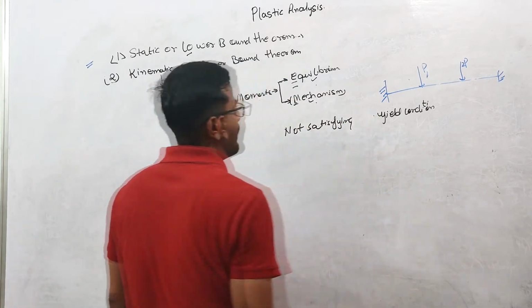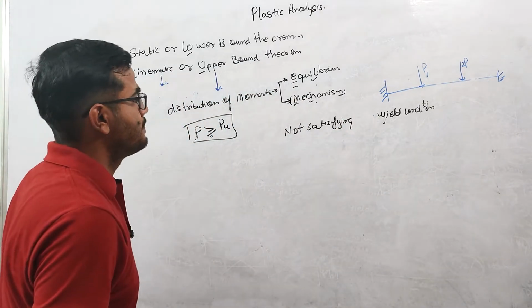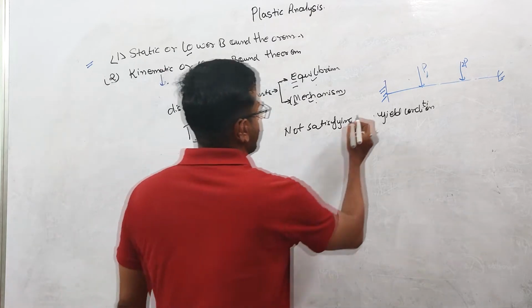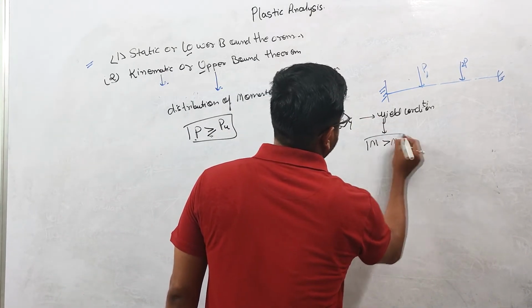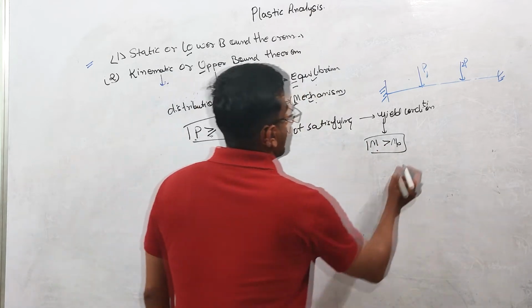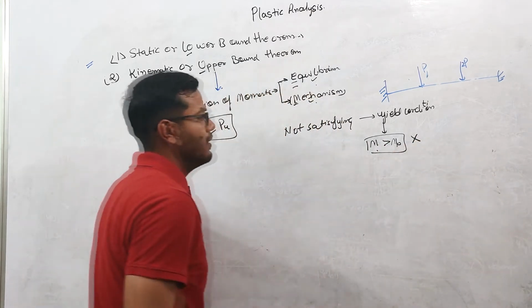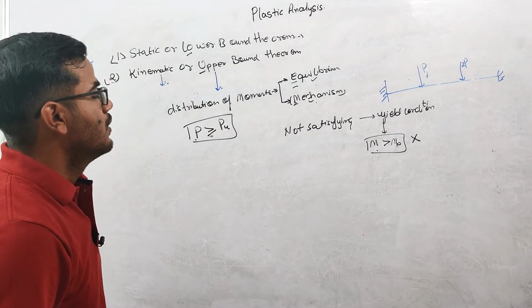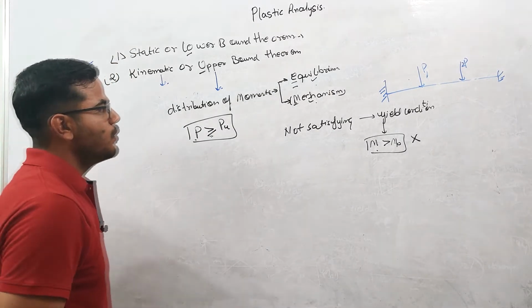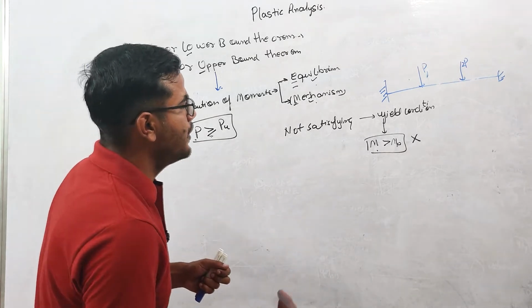That means you are applying the load, not satisfying the yield condition. First of all, what it means is that M is greater than MP. That should not happen. Okay. So if that is happening, you are applying a load which is greater than the true collapse load. So in order to achieve the true collapse load, you need to reduce the moment.